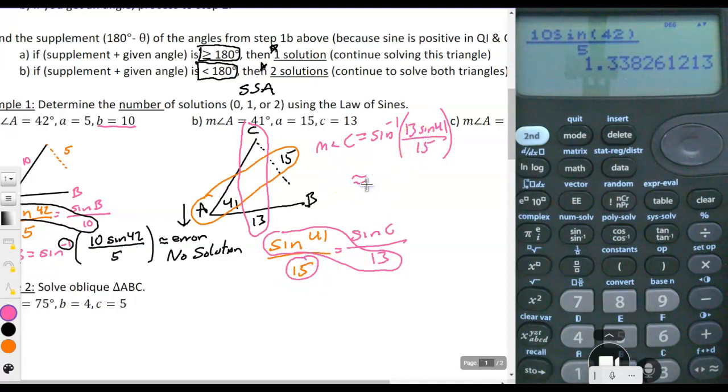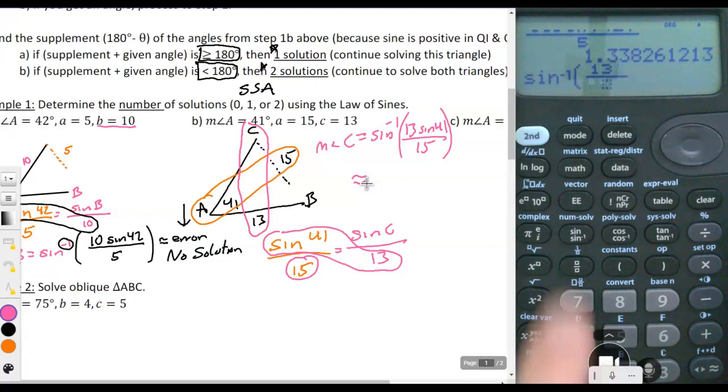So we have to use the calculator. Arc sine, fraction button, or parentheses if you don't have the fraction button. 13 sine 41 all over 15.